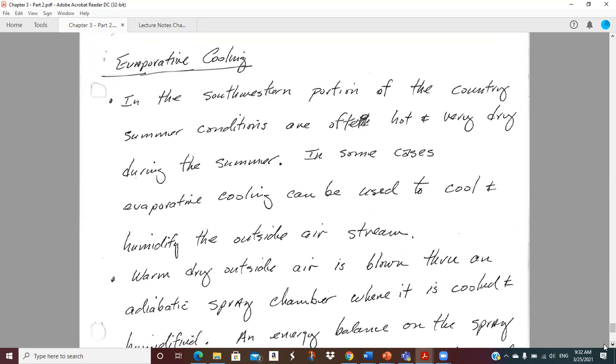But anyway, so evaporative cooling. This is something that we've kind of hinted around at, but we really haven't discussed the topic directly.